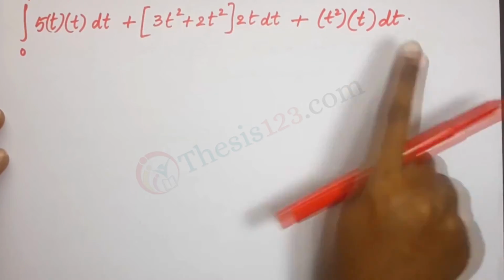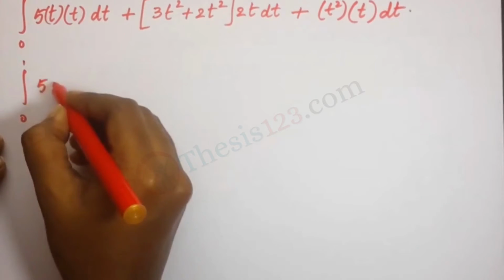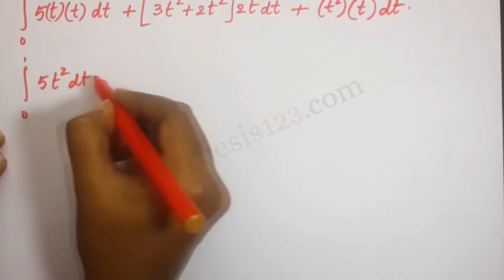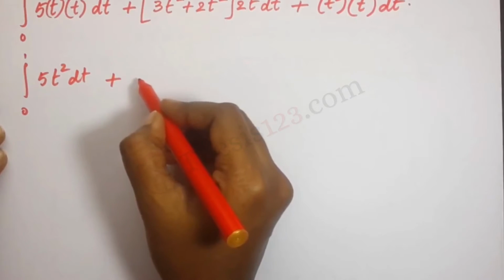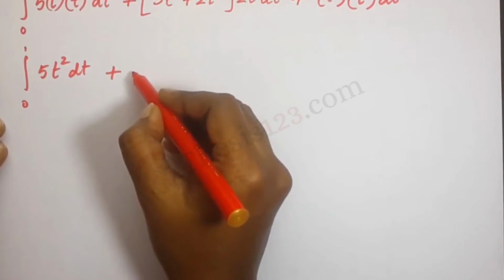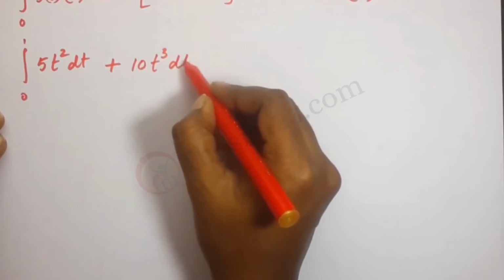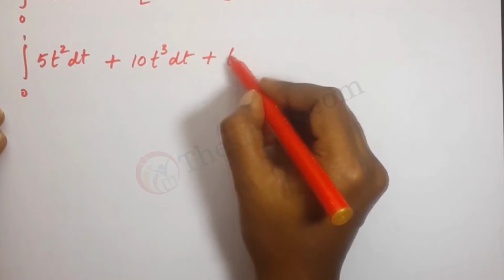So we have our expression. Let's simplify that. 0 to 1, 5t square dt plus, what do we have here? We have 3 and 2, 5, 5 times 2 is 10. So that's 10t cube dt plus t cube dt.